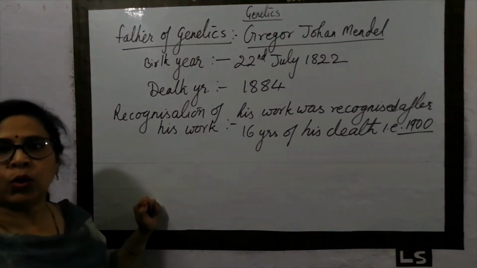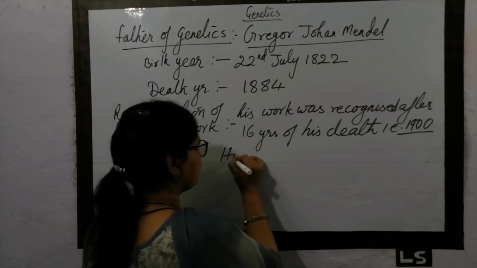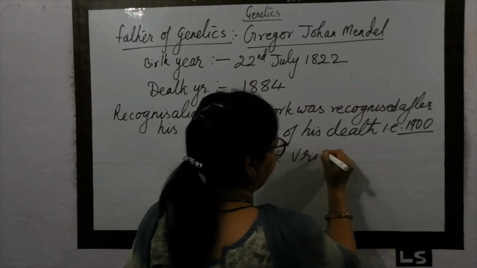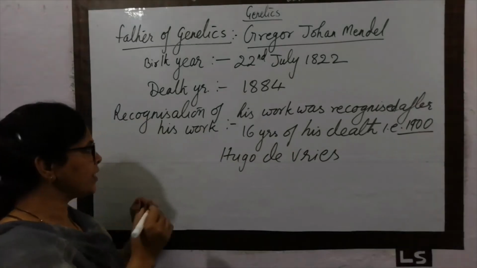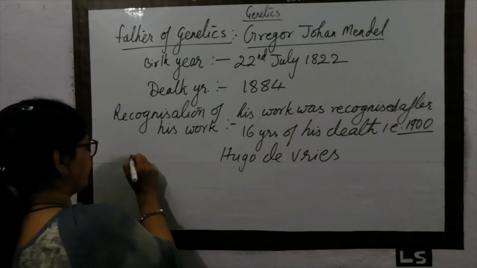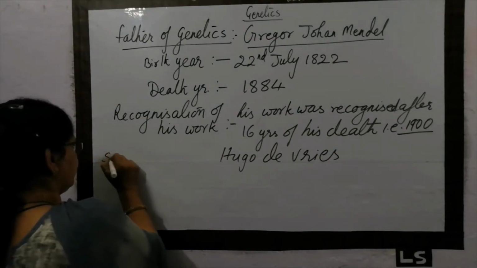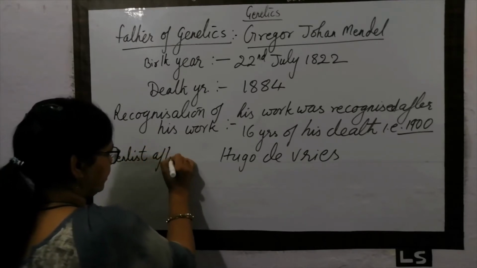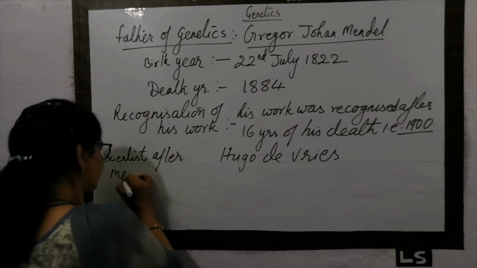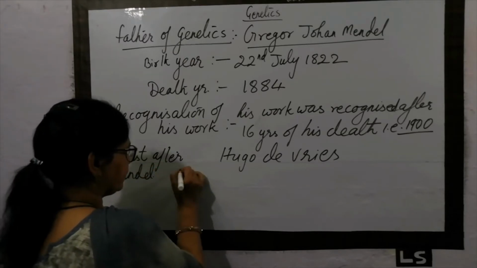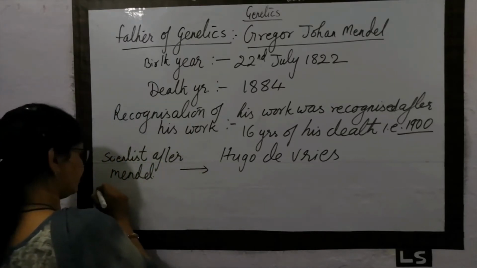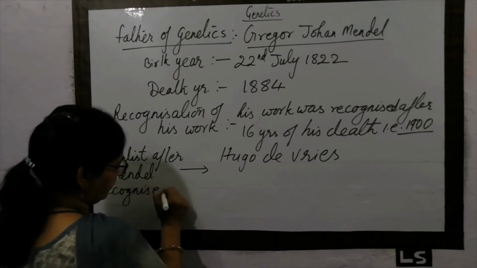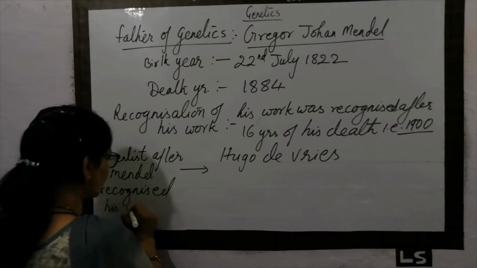First is Hugo de Vries, the first scientist who recognized his work.